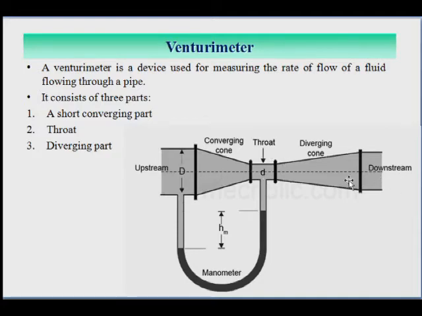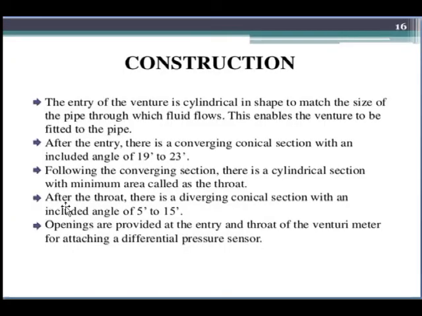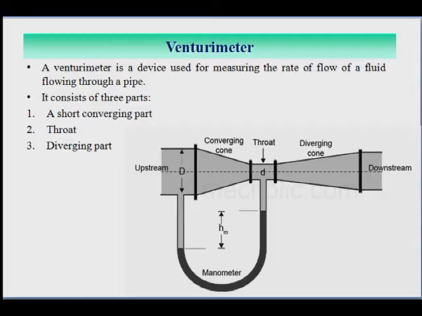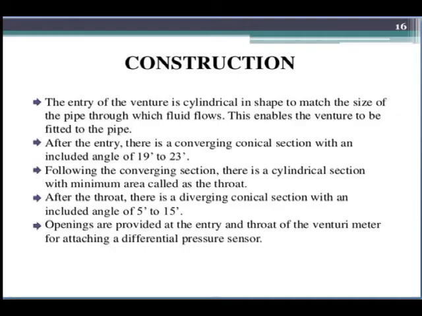Then the diverging cone: after the throat there is a diverging conical section with an included angle of 5 to 15 degrees. After the throat, the diverging part is there, and the angle of this diverging cone varies from 5 to 15 degrees.